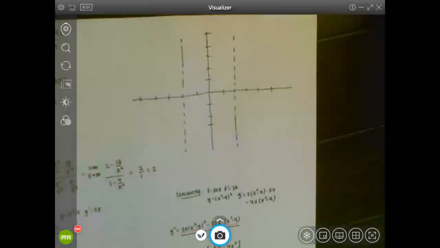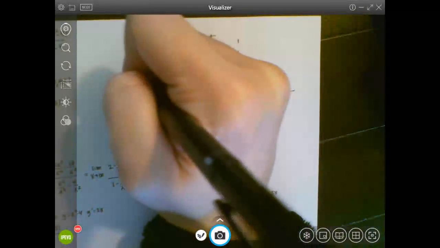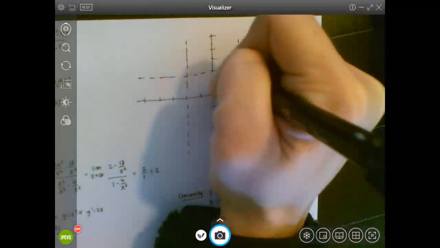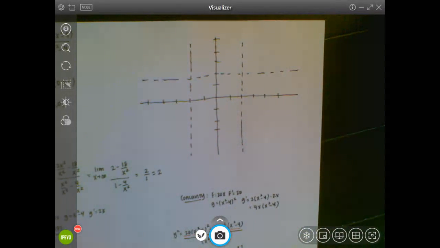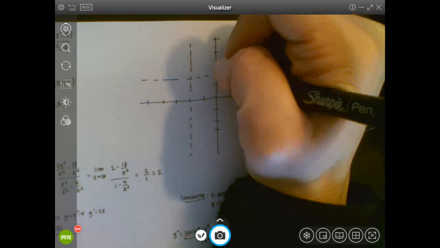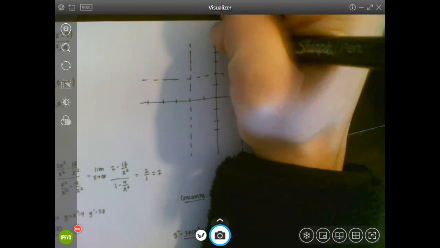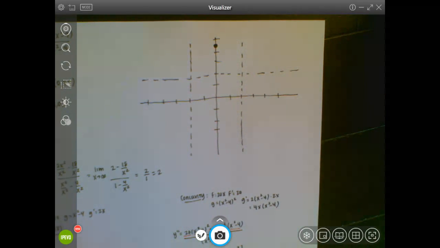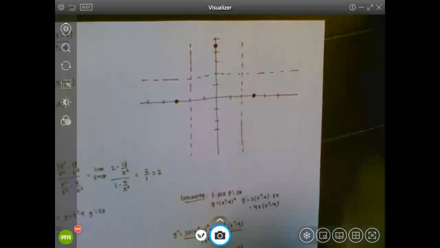And I know I have a horizontal asymptote at y is equal to 2. And then I know I have some intercepts. My y-intercept is going to be at 0, 4.5. And I also know that my x-intercepts are going to be at negative 3, 0 and positive 3, 0.